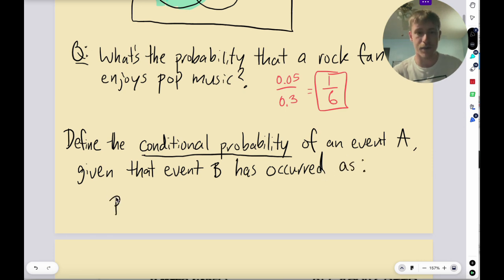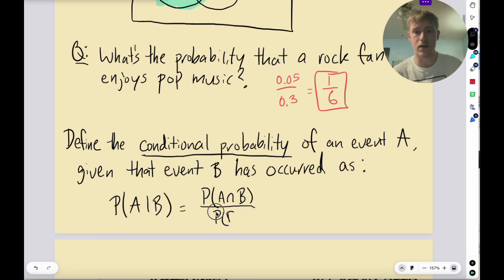We're going to say that the probability of A given B is going to equal the probability of A intersect B, all divided by the probability of B.